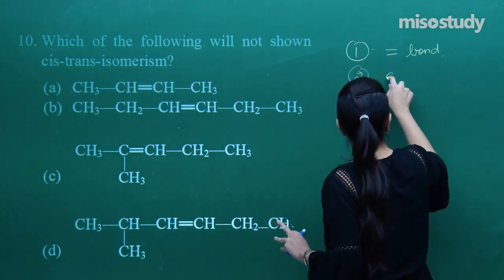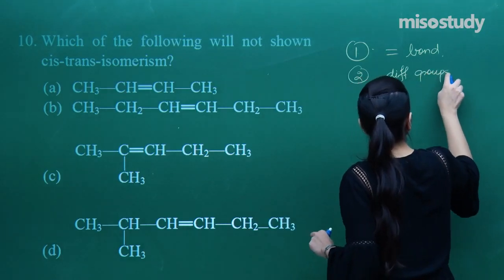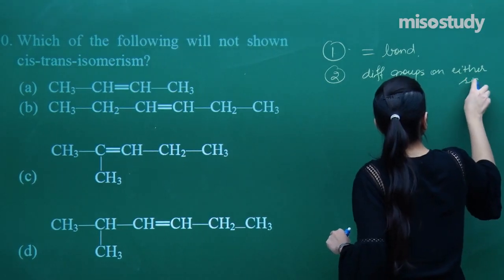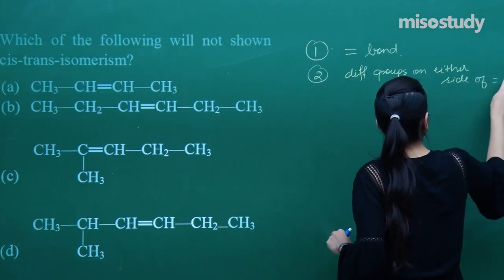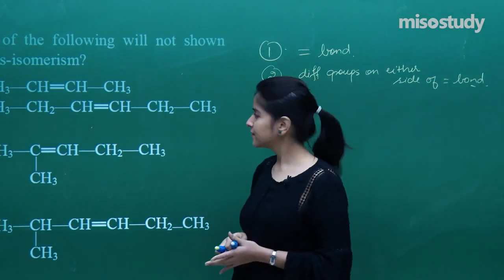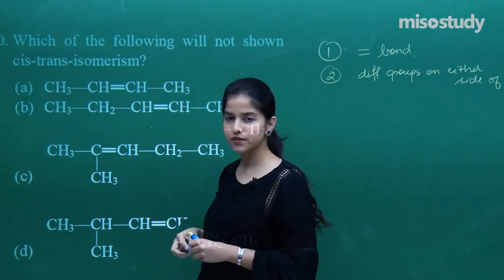Second, different groups on either side of the double bond. Right? That is what we need to check mainly. Clear? So the number one option, there is a double bond, right?